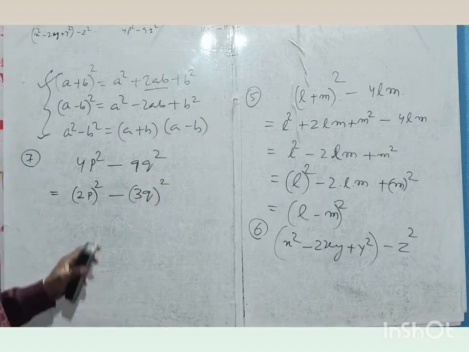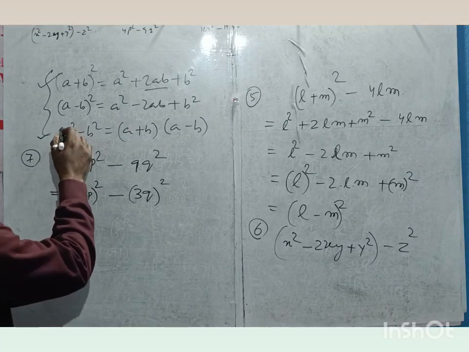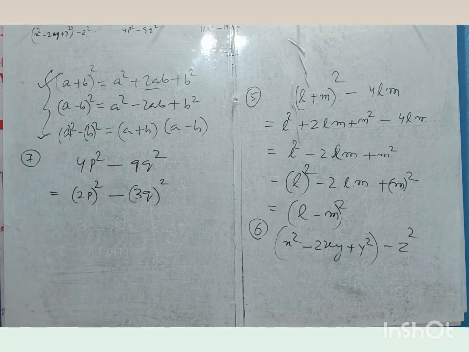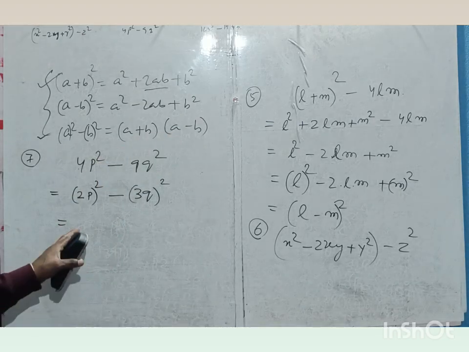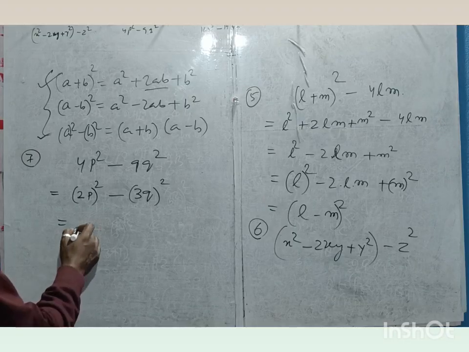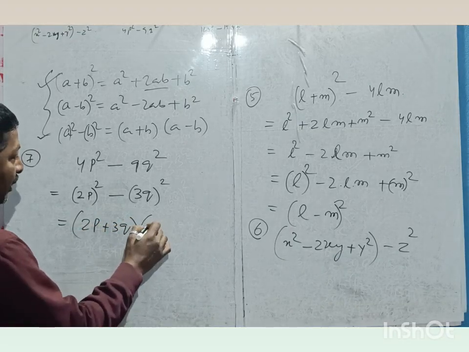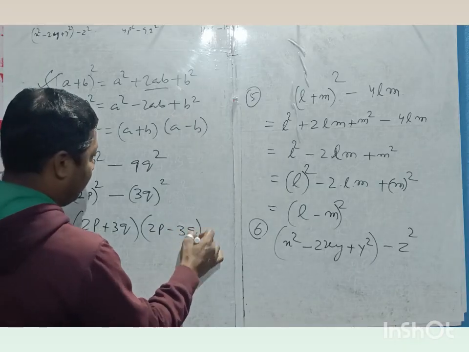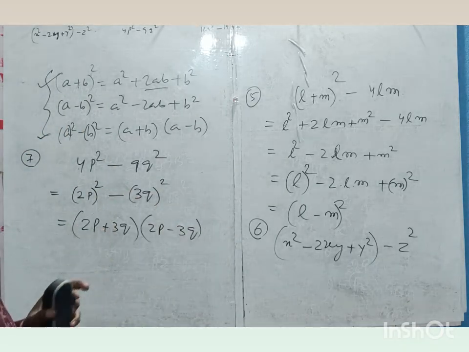Okay, so this is in the form a² − b², so I can write (a + b)(a − b). a is 2p and b is 3q. In this way we will proceed now.